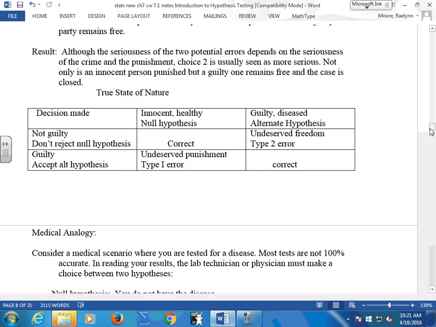So guys, let's go through this just for a little bit. It depends on the type of crime, like Sheila said. Is it bad that I let out a murderer versus letting out somebody that just maybe keeps stealing? Both of them are wrong, but one is more dangerous to the public than the other. Is it bad to put an innocent person in jail?